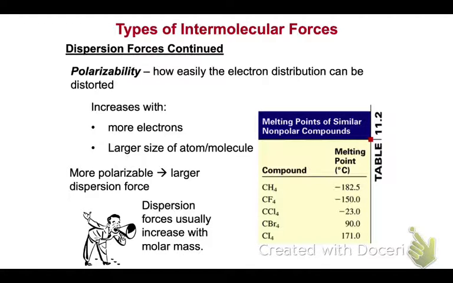You can look at the following table here, and you will see that you have compounds, all of them nonpolar: methane, tetrafluoromethane, tetrachloromethane, tetrabromomethane, tetraiodomethane. Because they are all nonpolar, the only intermolecular force existing is dispersion. However, there is a huge difference in melting point, and it does increase as the molar mass increases.